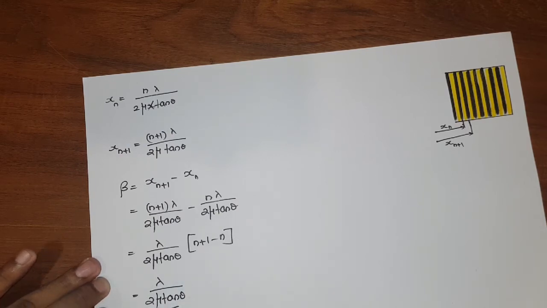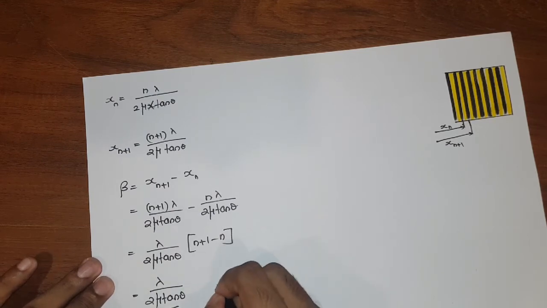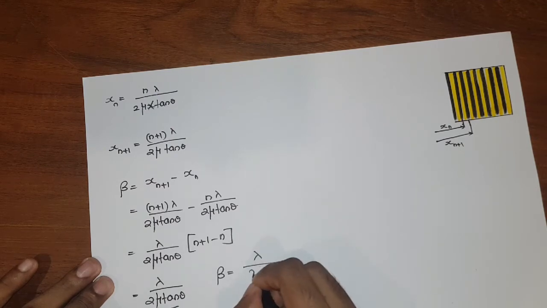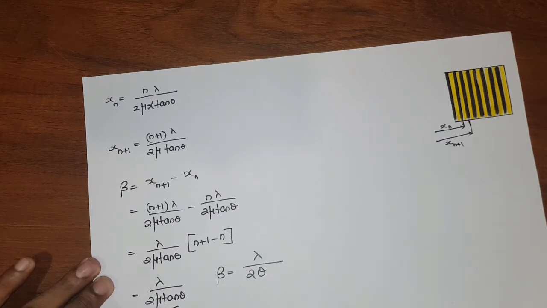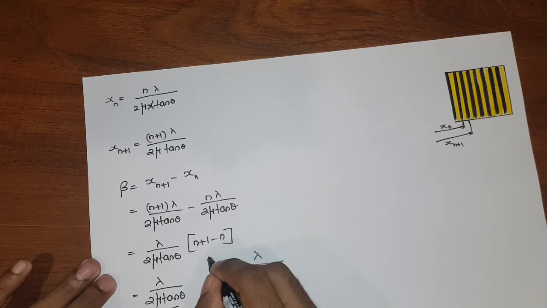This will be the value of fringe width. You can even rewrite this equation as beta equal to lambda by 2 theta, if the medium is air, mu value will be 1, and instead of tan theta you can write theta simply, because we already said that theta is very small, so tan theta is approximately equal to theta. So this is a very simple expression for beta.